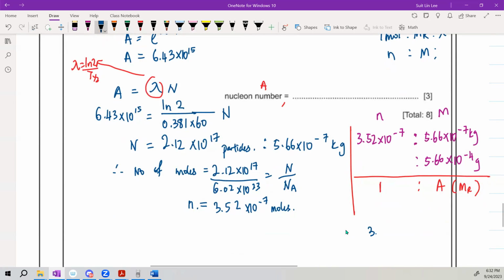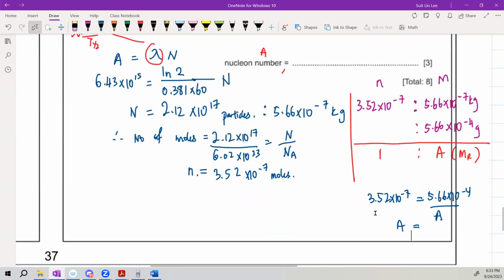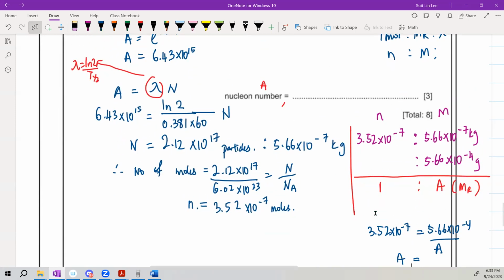So meaning from here, 3.52 times 10 to the power -7 is equal to 5.66 times 10 to the power -4 over A. Don't convert correctly.